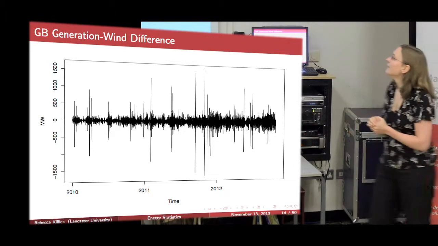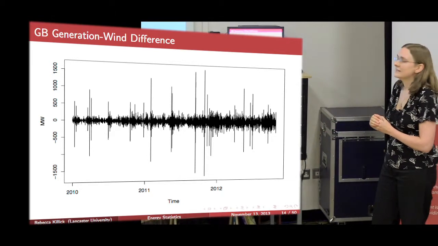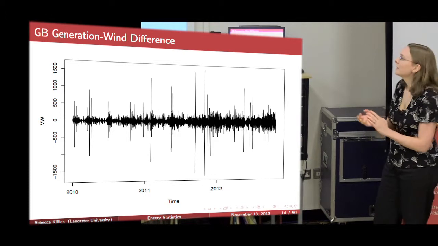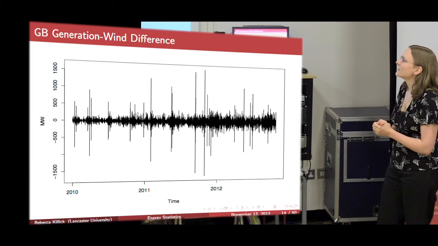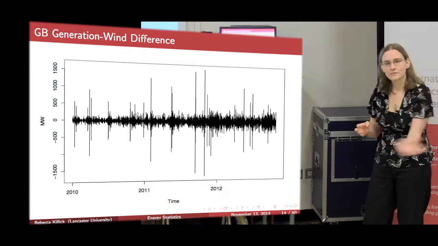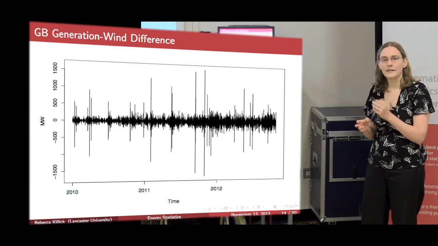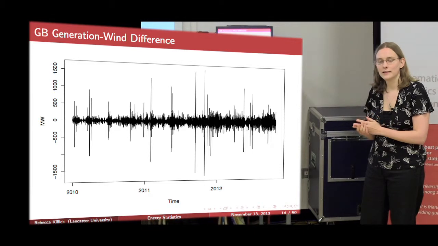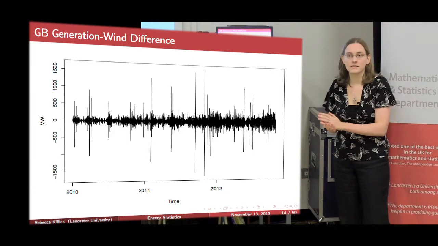Just again to show you how variable it is, I've taken the difference here from one time point to the next, and you can see there are some quite large spikes of negative variation as well as positive variation. So you get these sudden ramp ups of lots of wind, and then also a sudden decrease where you go from having lots of wind to no wind.